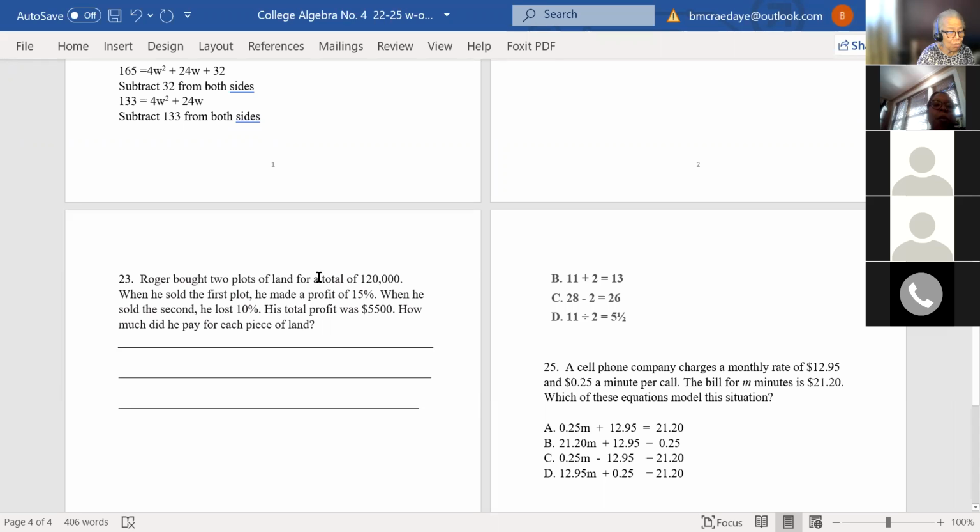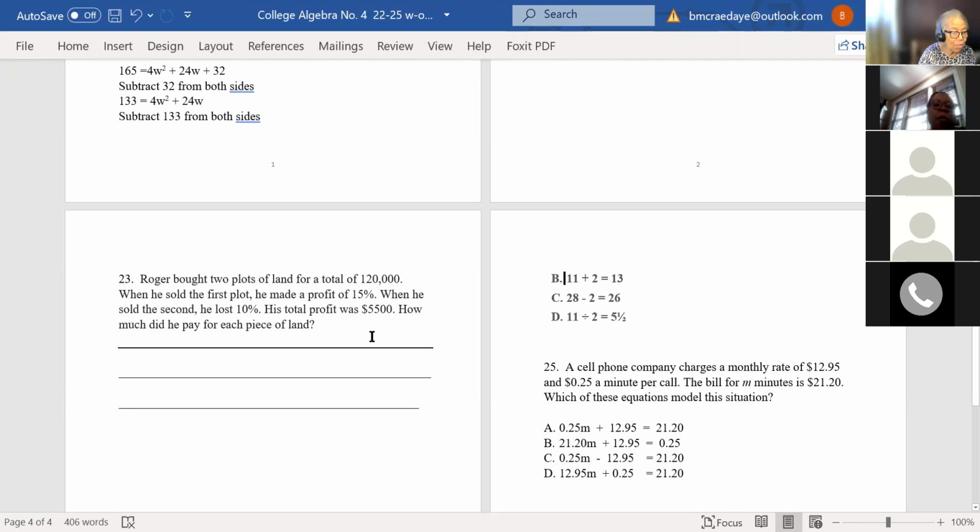It said he bought 2 plots for a total of 120, but you don't know that he spent half on each. What you're trying to find is how much he paid for each piece of land. So you don't know that it's half for one and half of the other, right? Because you're looking for how much he paid for each piece of land, correct?